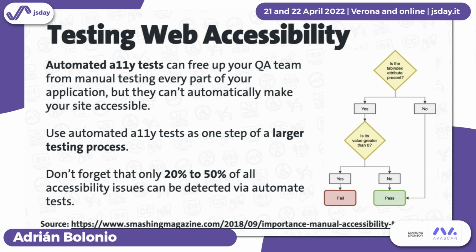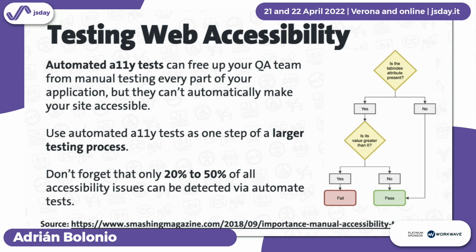And we need to think that only between 20 and 50%, I would say 20 to 30%, of all accessibility issues can be found using automated tests. So we need to consider automated tests as a part of a larger process where manual testing is as important as automated testing.